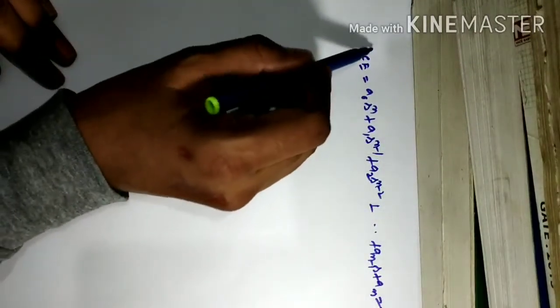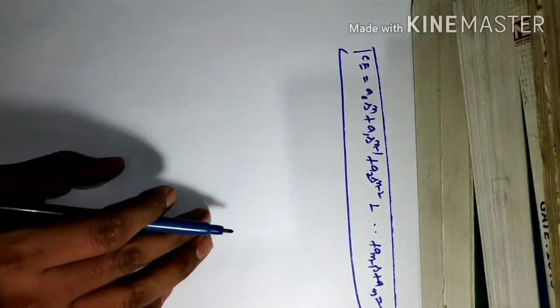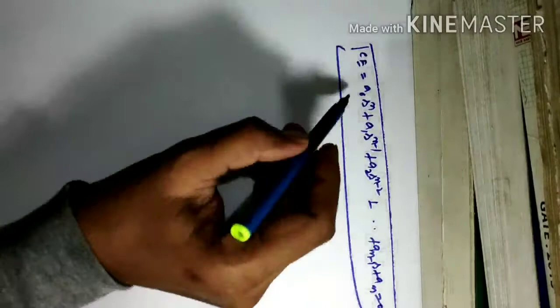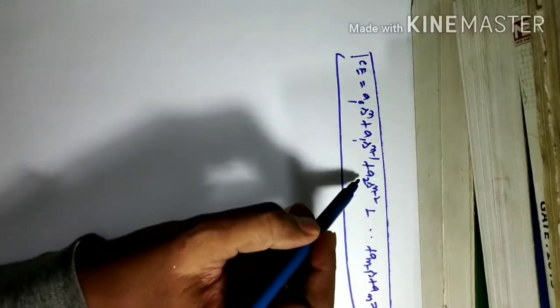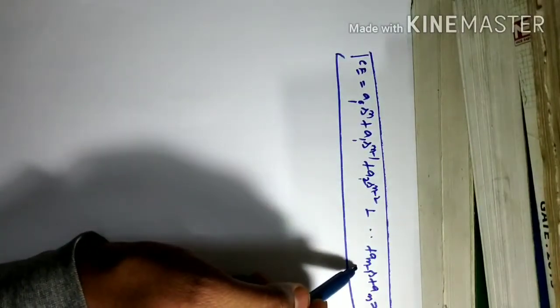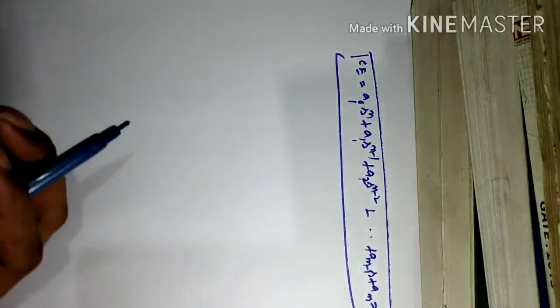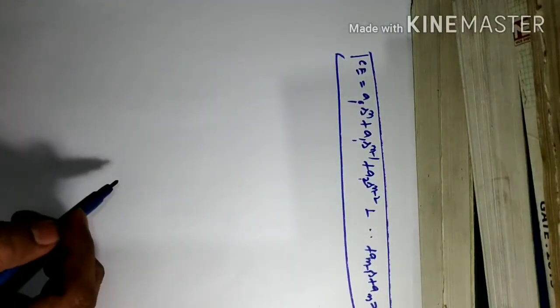Here a naught, a1, a2, a n minus 1, an are the polynomial constants. We can formulate the Routh array for this characteristic equation.